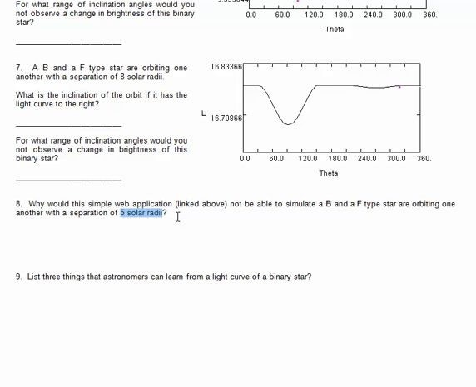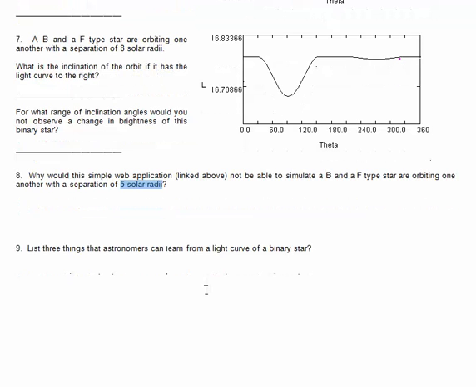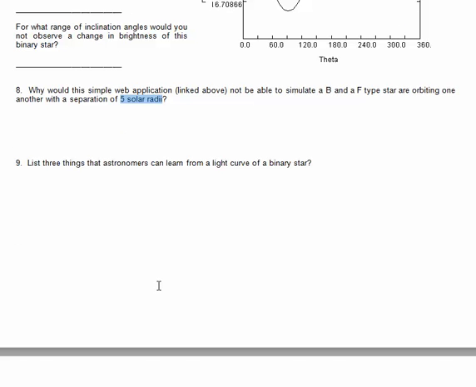So the simulation would be incorrect. I'll let you run that simulation so you can see that it's kind of an impossible situation. If you assume that these two stars are spherical, there's just not going to be enough space in between the two stars to generate a light curve that is realistic.